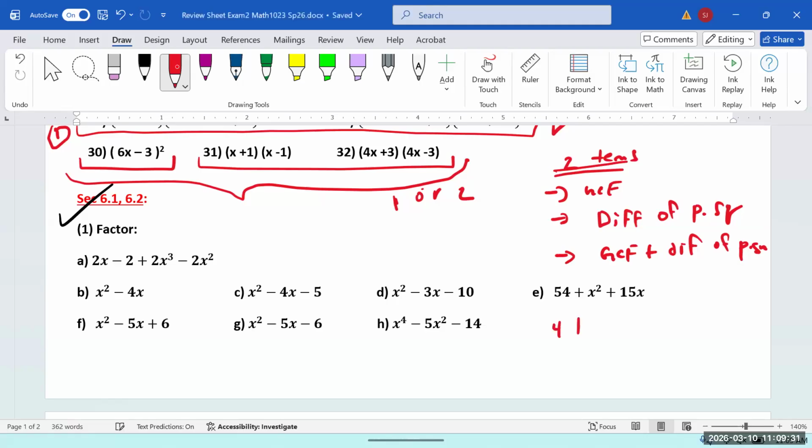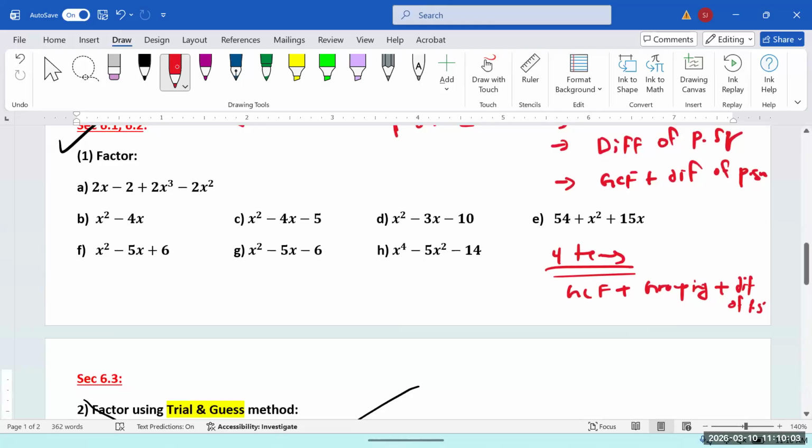Now for four terms, there's only one question, a combination of everything. GCF plus grouping, and maybe, not sure, difference of perfect squares in the grouping. But definitely one from four terms.